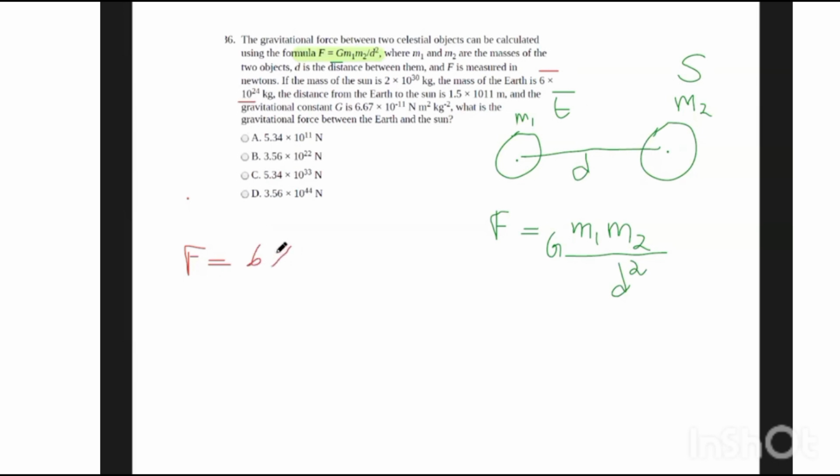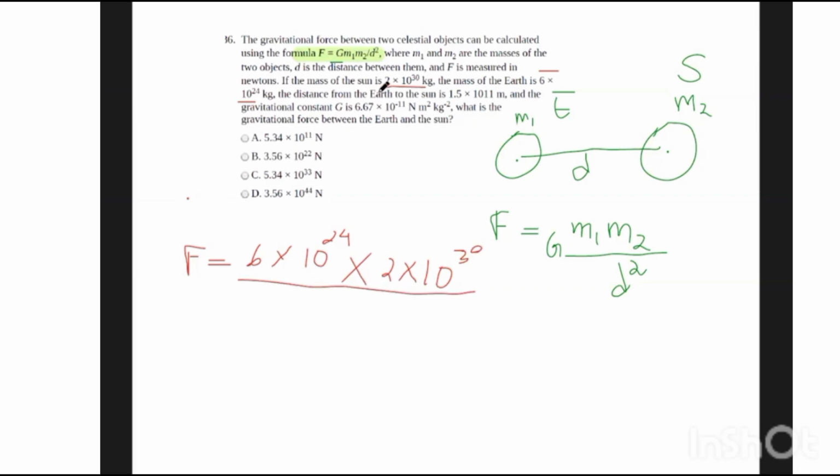So 6 times 10 to the power 24, then again times the mass of the Sun, which is 2 times 10 to the power 30 kgs. So you'll write 2 times 10 to the power 30, and all of this divided by d squared.